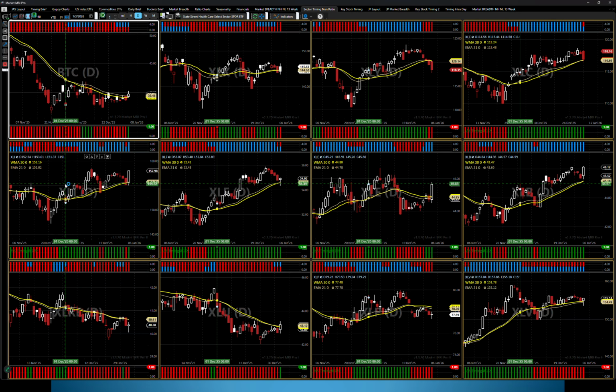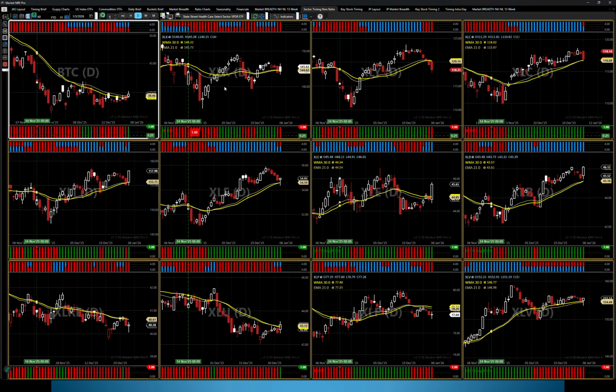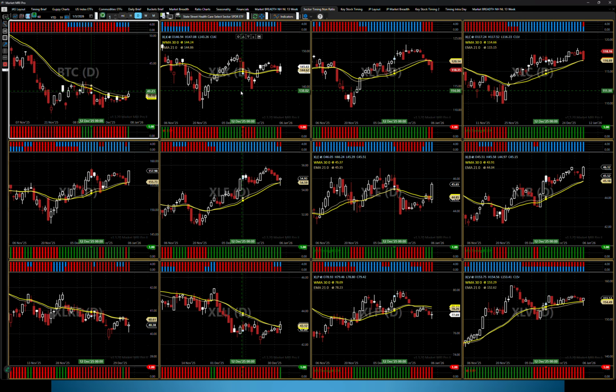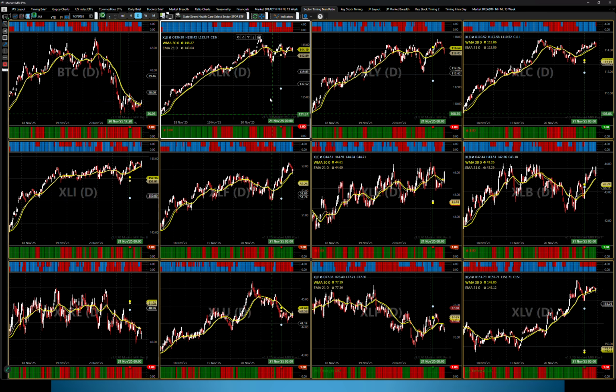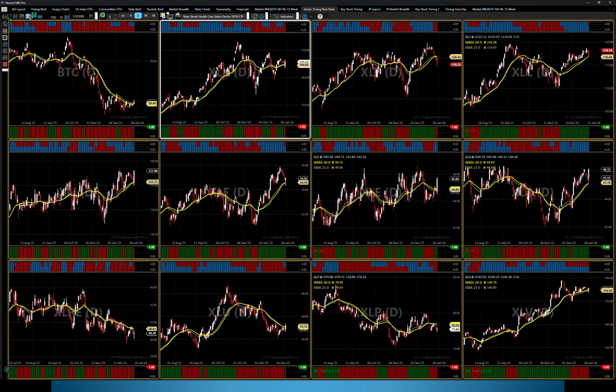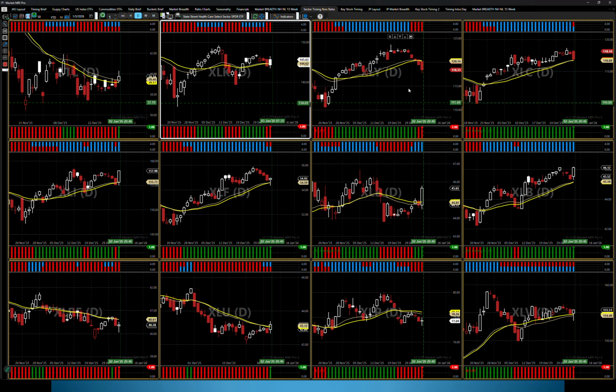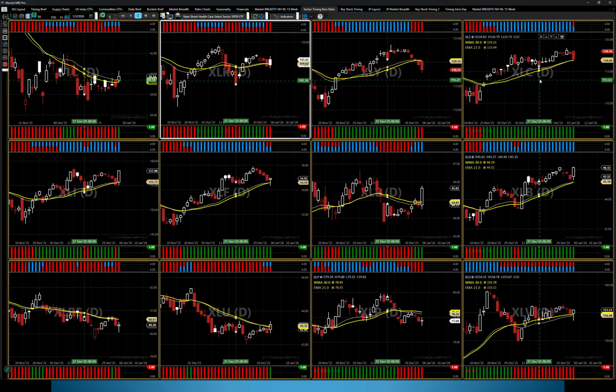So, yesterday, Bitcoin turned positive. Technology, which has done well, turned negative a couple days ago. And let's just go to 50 bars here. Technology just turned negative. Discretionary is negative.